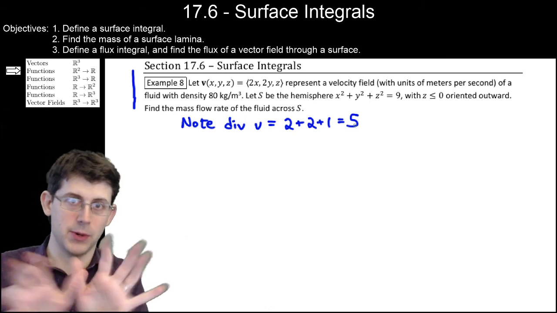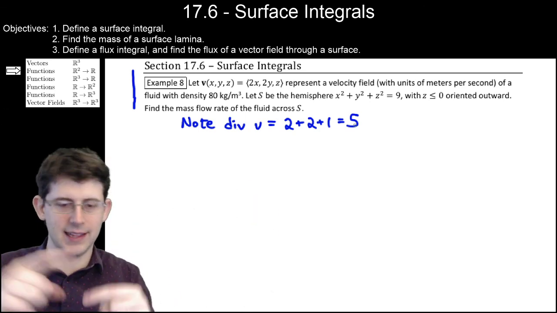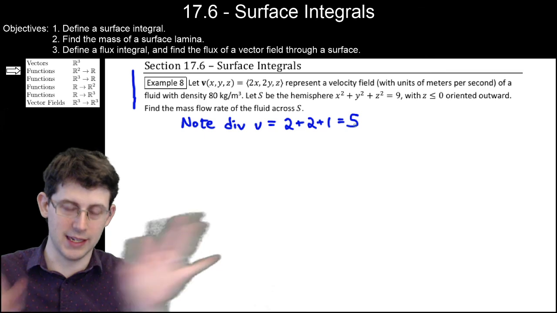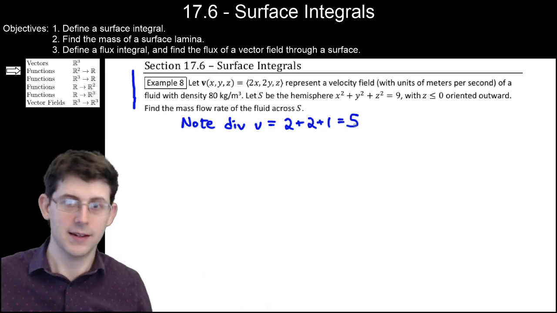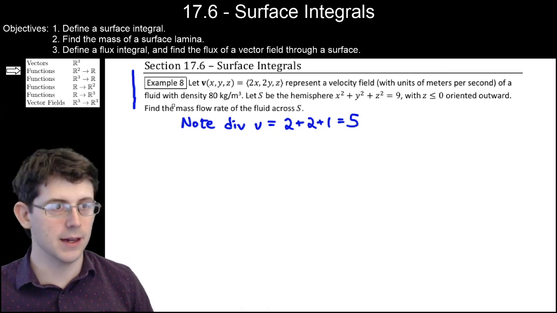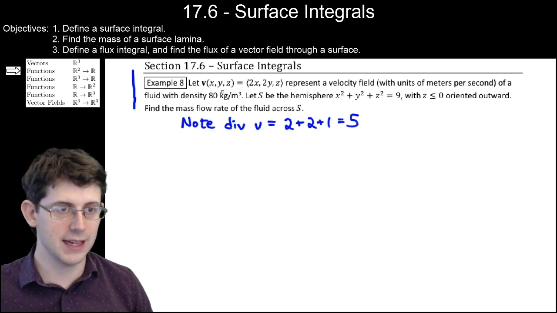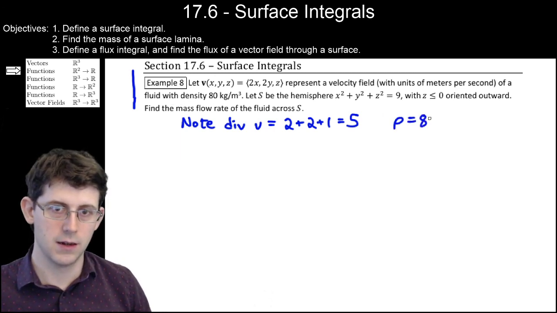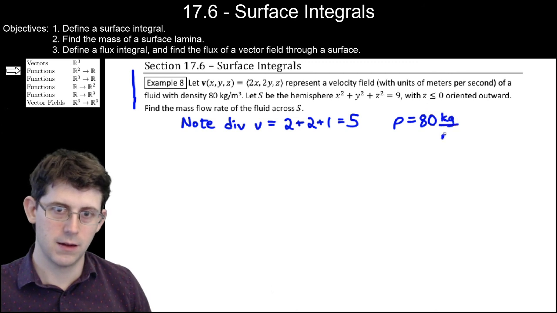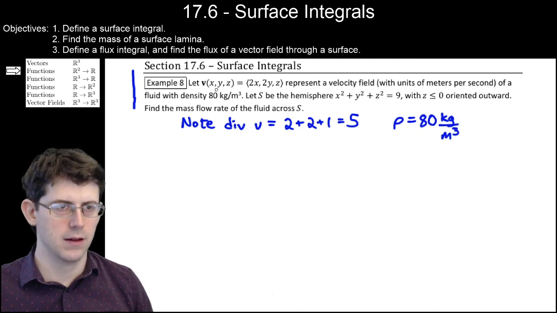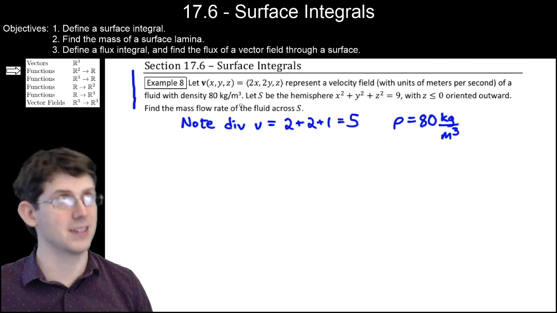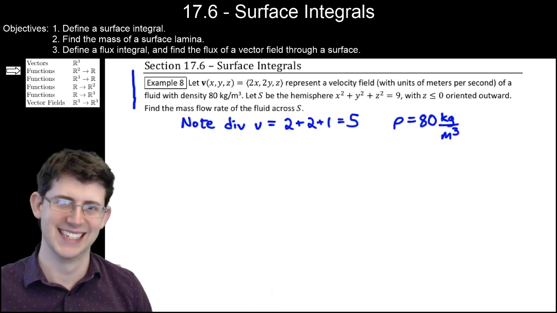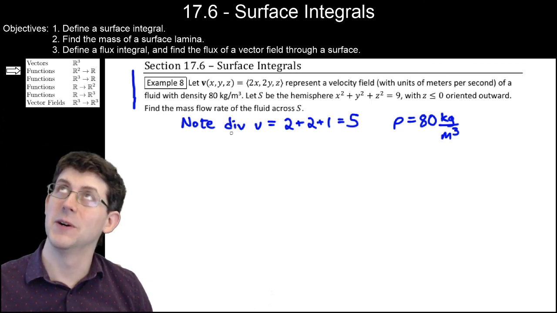This is like a spring, not like a coiled spring, but like a water spring that's shooting out liquid. Okay. We're shooting out the fluid, and the fluid has density 80 kilograms per meter cubed. This is in 3 dimensions, so I don't know what would make this happen.